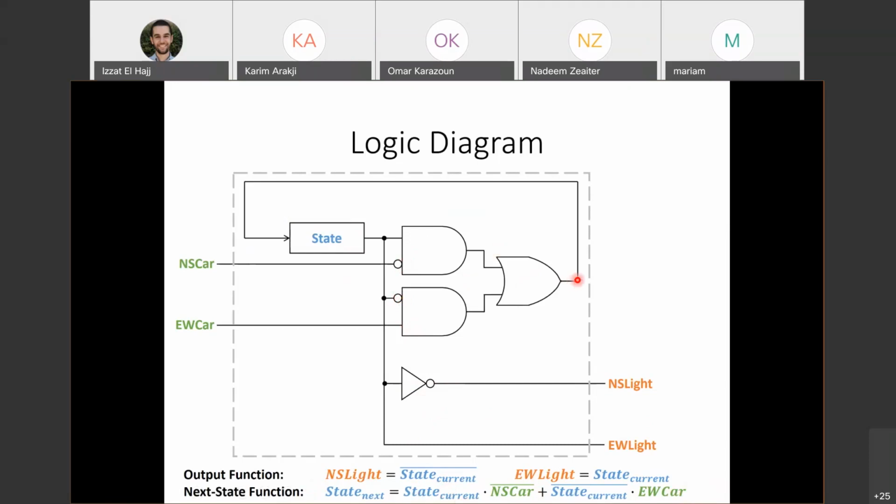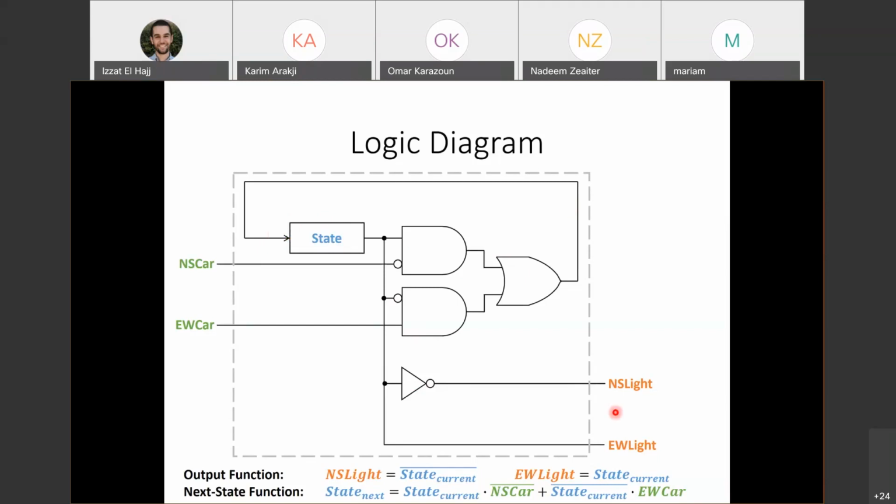I'm going to take that value and bring it all the way back as an input to my state element, so that on the next active edge, the state element will get updated from the current state to the next state that I just computed. And this is how we can implement a controller that controls the traffic lights at an intersection based on the rules that we have specified.